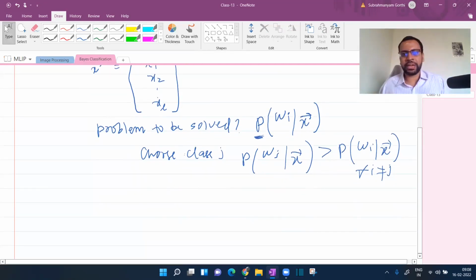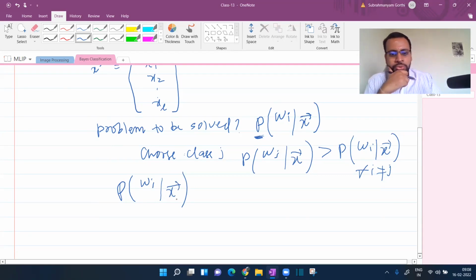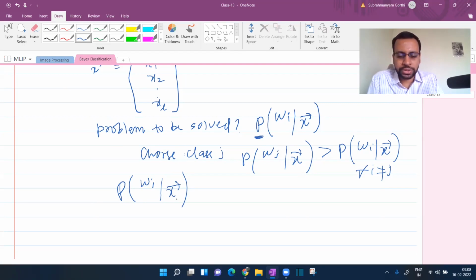So this is how we defined the problem in the last class: you need to essentially compute for each class I the probability of omega I given x bar, and you need to pick that class which has this probability maximum. Now, the follow-up question is what we will pursue in this class.